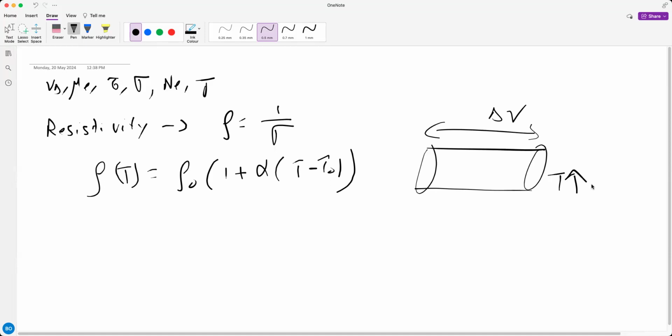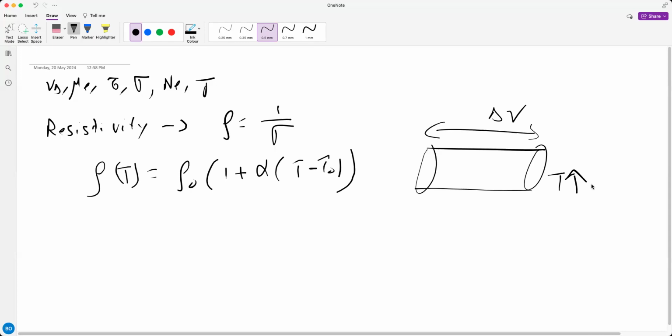If I increase the temperature, what happens to the conductivity of a metal? If I take a metal and I measure its conductivity, what is the meaning of conductivity?